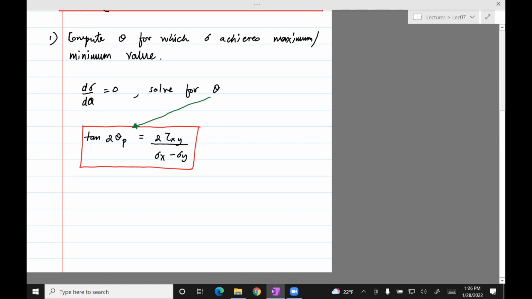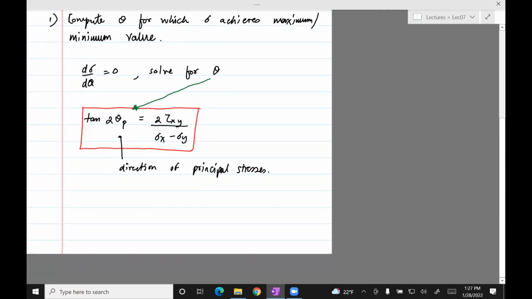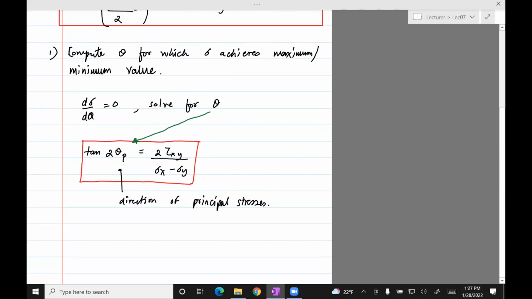So once we get this, it's called the principal direction of principal stresses. Again, it'll be clear in a bit. We can put this value back in the earlier equations.